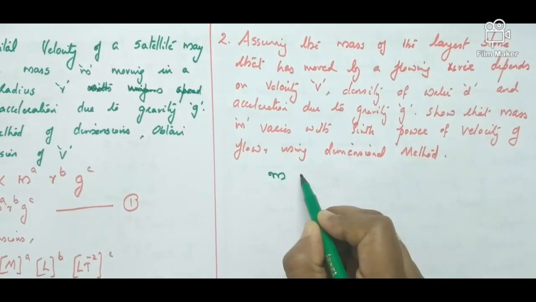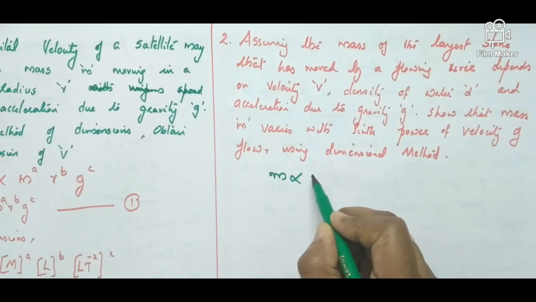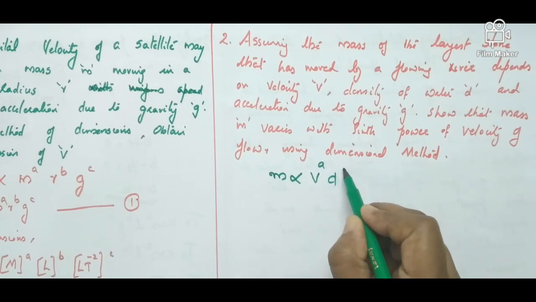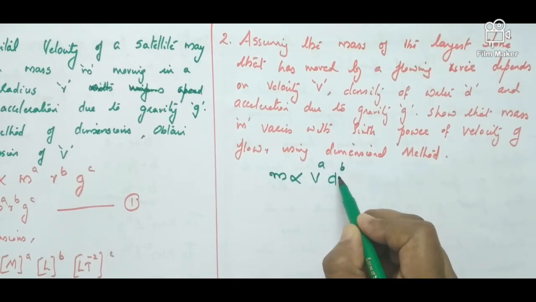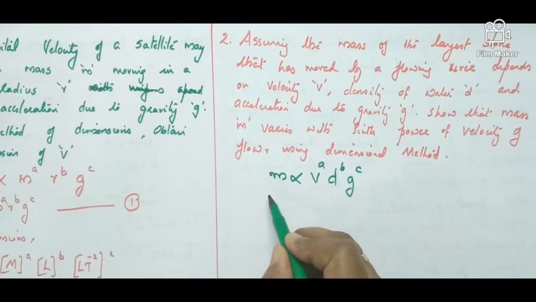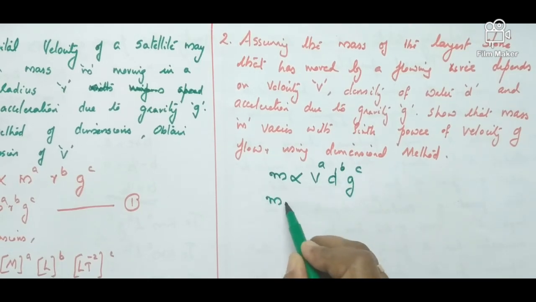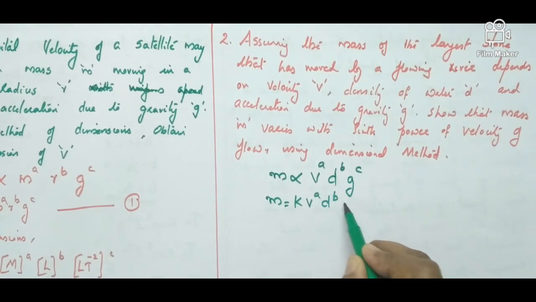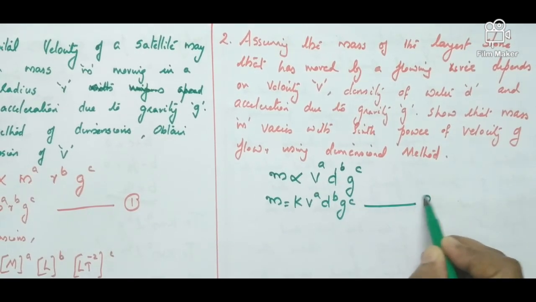Therefore m is directly proportional to velocity v raised to a, density d raised to b, acceleration due to gravity g raised to c. Then removing the proportionality sign, m equals k into v raised to a, d raised to b and g raised to c, first equation.